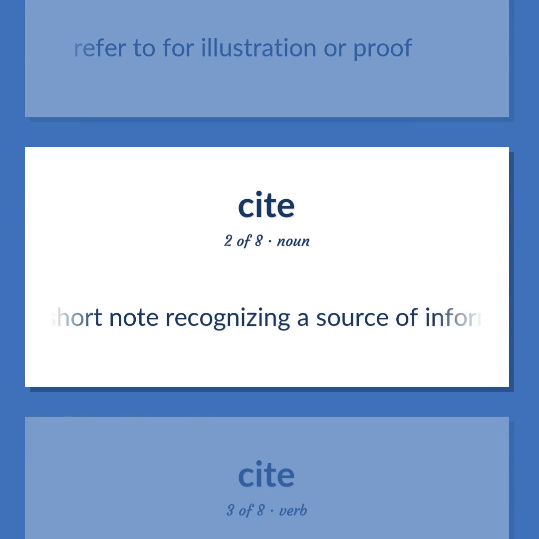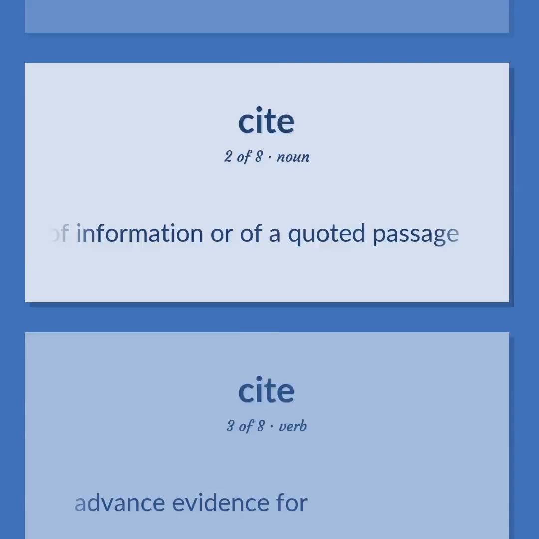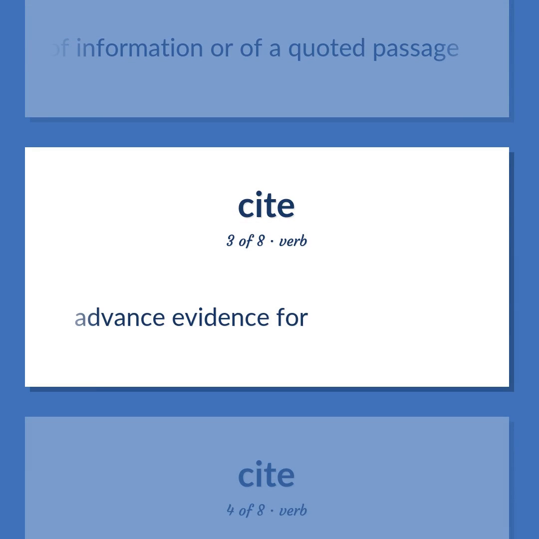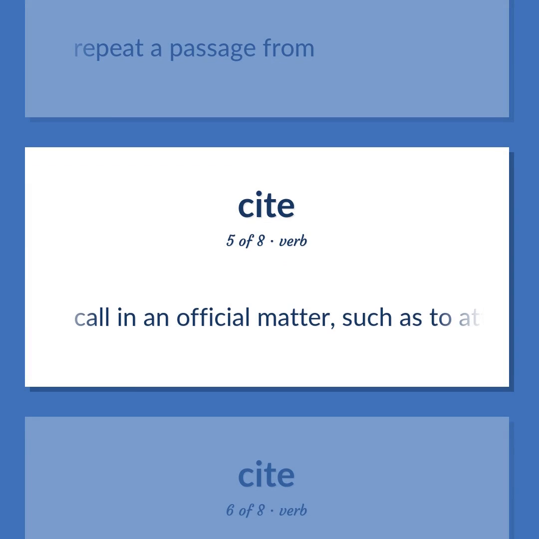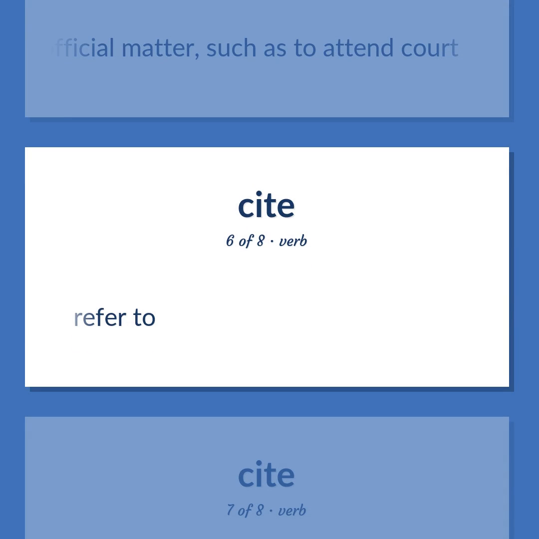A short note recognizing a source of information or of a quoted passage. Advance evidence for. Repeat a passage from. Call in an official matter, such as to attend court. Refer to.